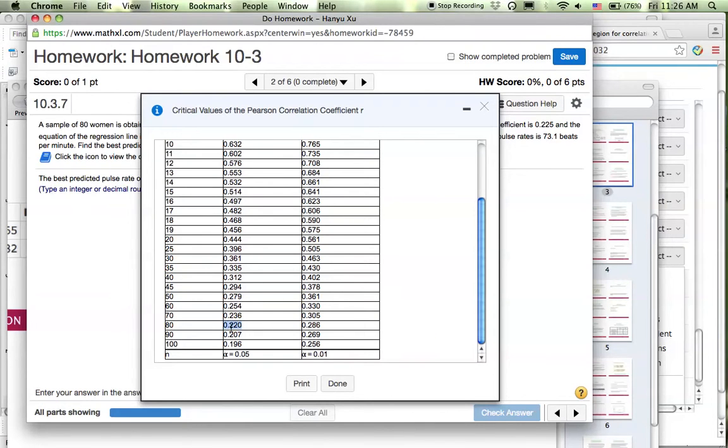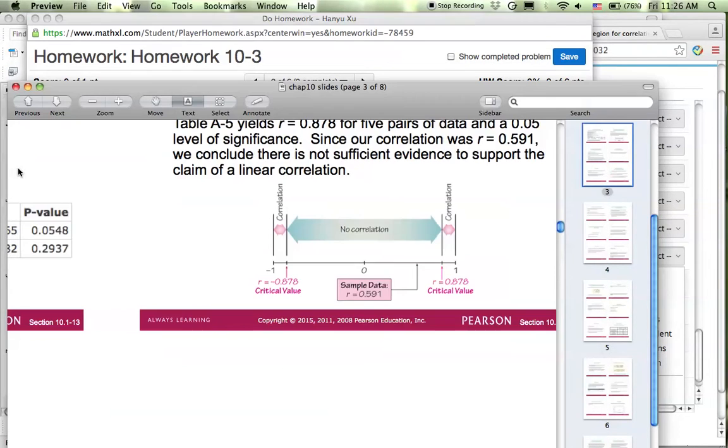So it's this value, that's the critical value, 0.22. Okay? And you want to compare your 0.22 and your 0.225. Or you can go to the plot again. So this value here will be negative 0.22, and here will be positive 0.22. And your 0.225 again is in the critical region here. So that means you can use the regression line for your prediction.